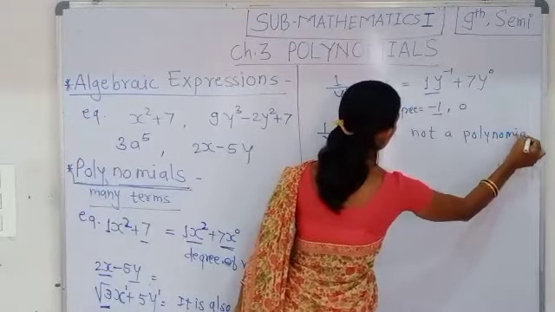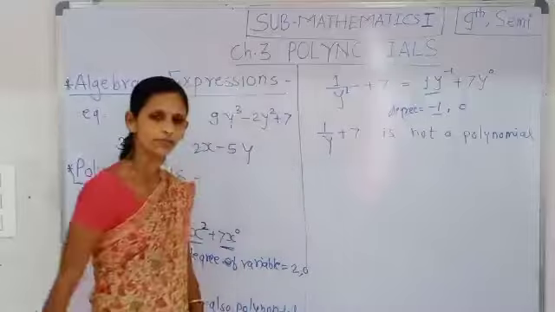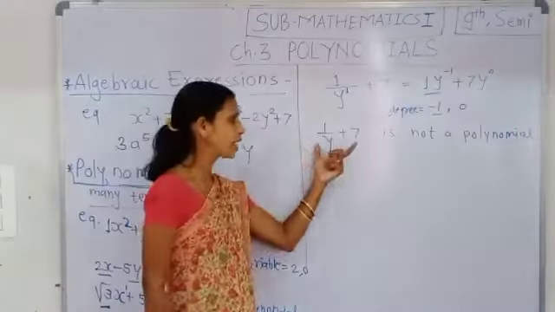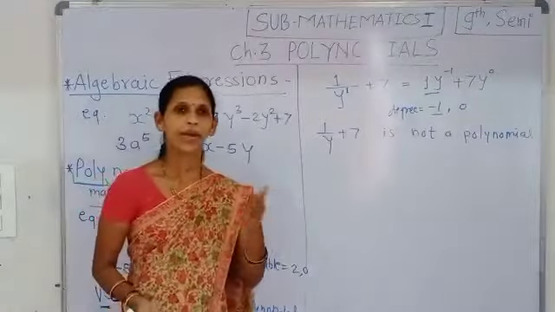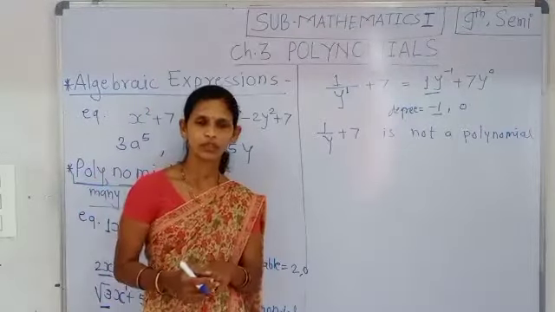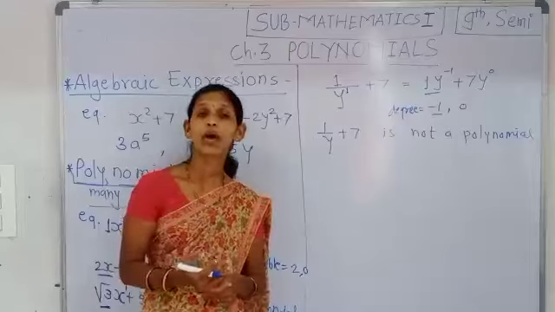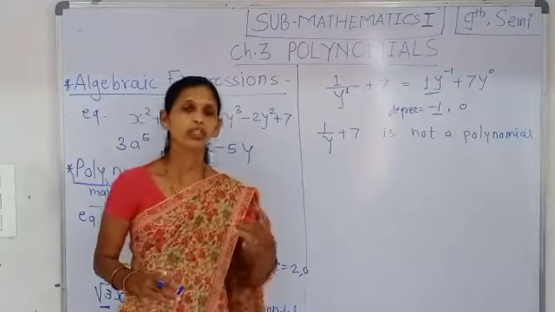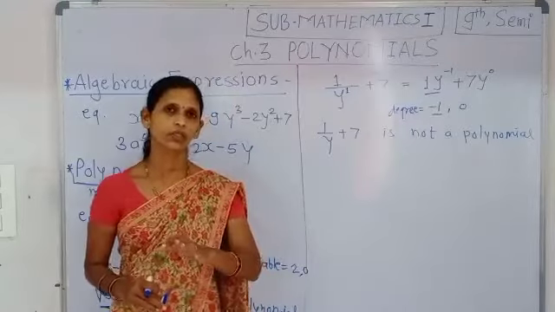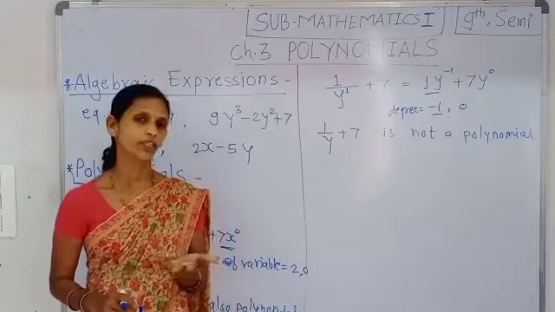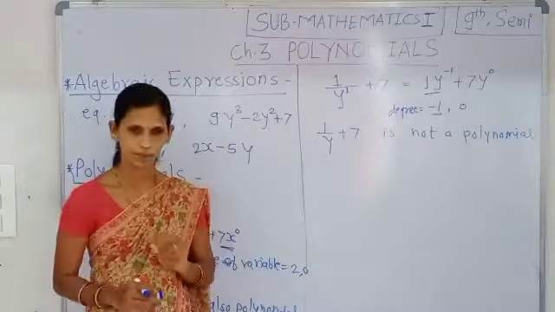It is not an example of a polynomial. Then, for the examples given in practice set 3.1, we have to identify which algebraic expression is a polynomial and which is not.